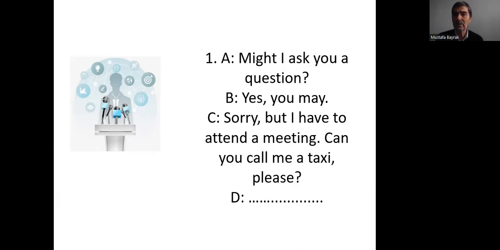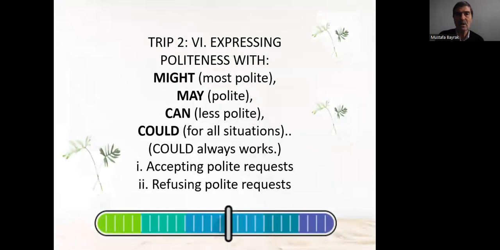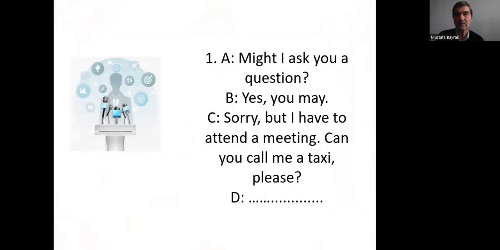Can you call me a taxi, please? Yes, I can. Now, let's have a look once more. Might is for the most polite situations. May is for polite situations, and can is less polite.